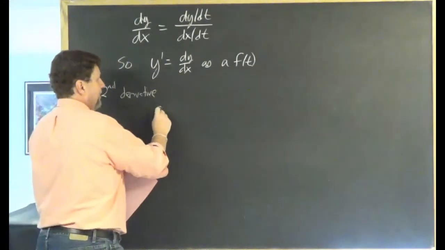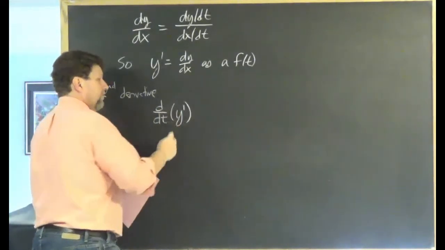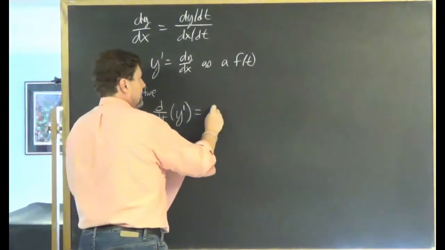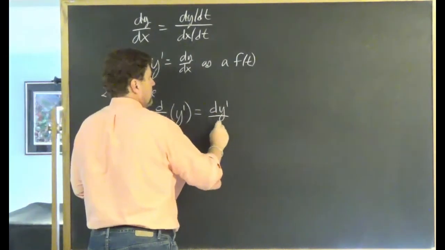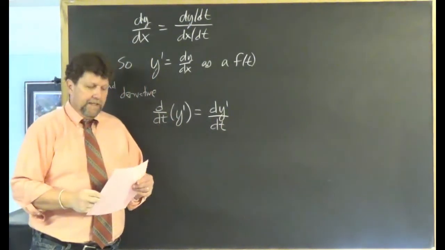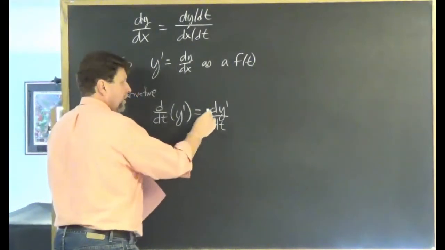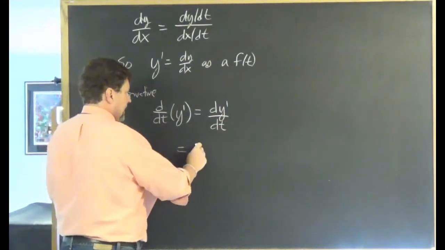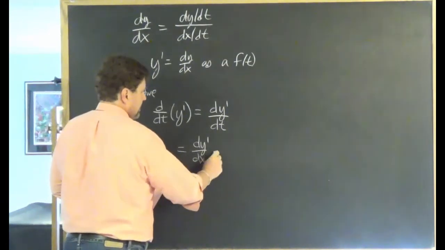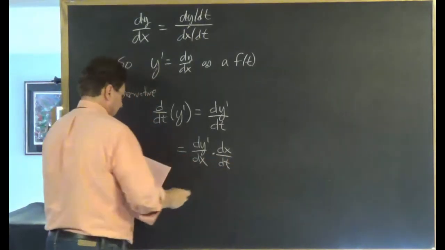So that means you have to take d/dt of the first derivative, which I can write as dy prime over dt. And then I'm going to say, well, dy prime over dt is dy prime over dx times dx/dt.